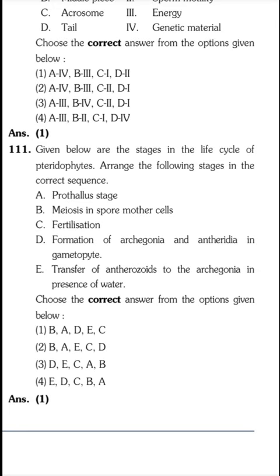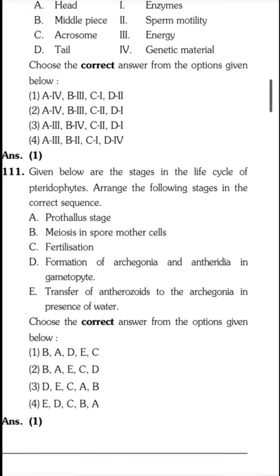You should remember both bryophytes and pteridophytes are amphibians of the plant kingdom because they require water to complete their life cycle. So after the transfer of antherozoids, it is fertilization. So the correct arrangement is B, A, D, E, C. That is the correct answer, which is in the first option. So you can notice the sequence type of question here.